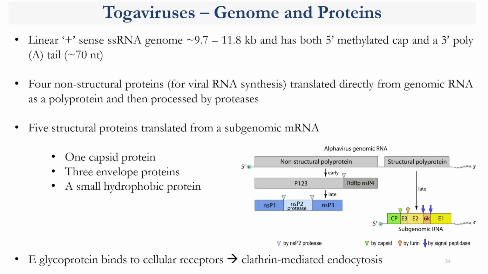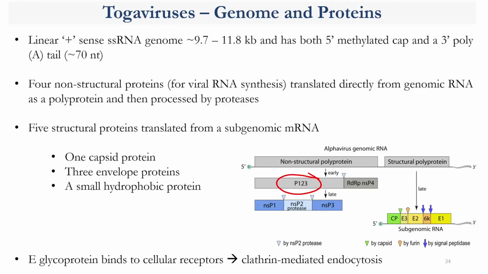Basically, this information is repeated, so you can go through that. But I want to show you this figure right here. So you have your 5' cap and a poly A tail. Non-structural proteins, structural proteins. Now here's your RNA-dependent RNA polymerase, but you also make this protein called P123, okay?